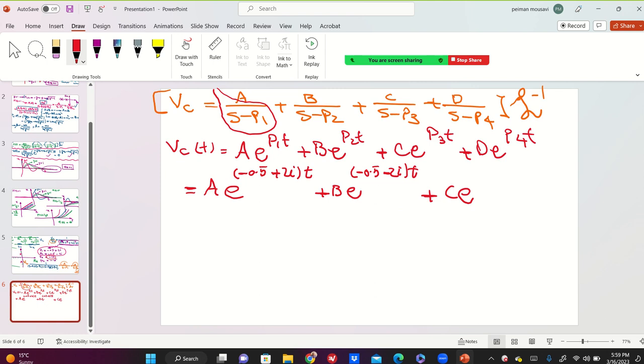Minus 10. I'm writing very large, e^(-10t), and you do plus D e^(-15t).